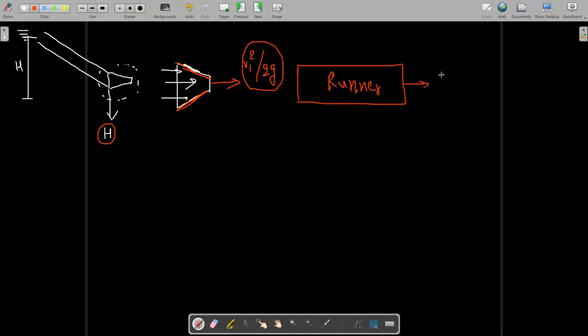Suppose it has produced some power by force into radius, this is torque, multiplied by the peripheral velocity of the runner. So this is the power produced by the runner.